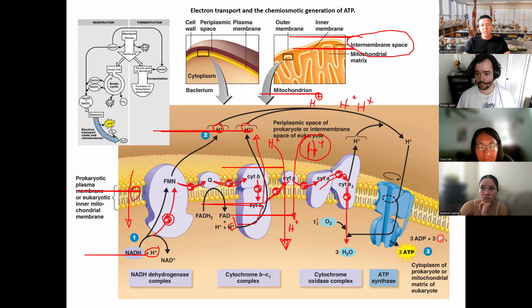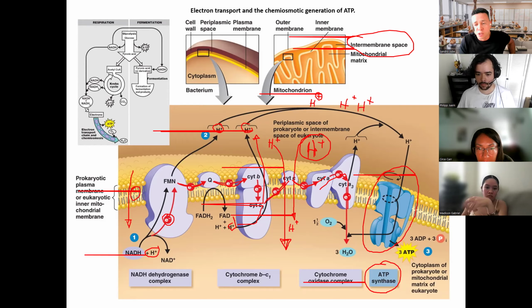So how is the hydrogen ion then going to move? The hydrogen ion will need a transmembrane protein right here. And this transmembrane protein has a name. This is what we call ATP synthase, or ATPase.